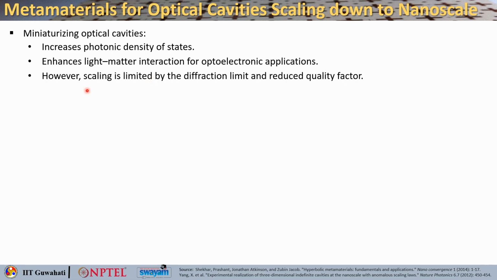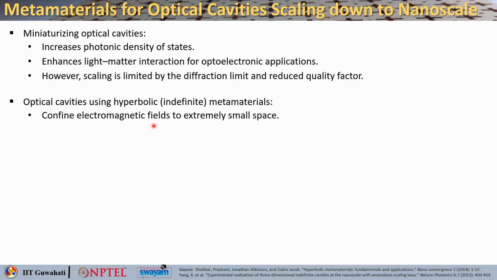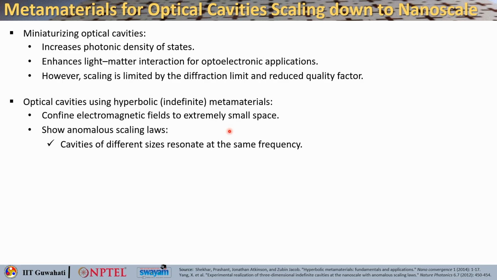However, in conventional cavities, the scaling is typically limited by the diffraction limit of light, and it reduces the quality factor. So, you can think of optical cavities made of indefinite or hyperbolic metamaterials that can confine electromagnetic field in extremely small space, by overcoming the diffraction limit barrier.